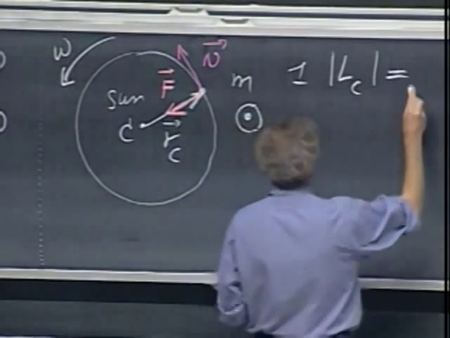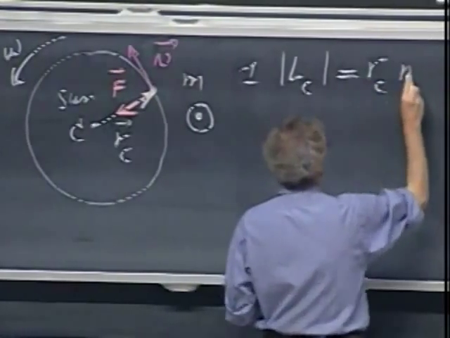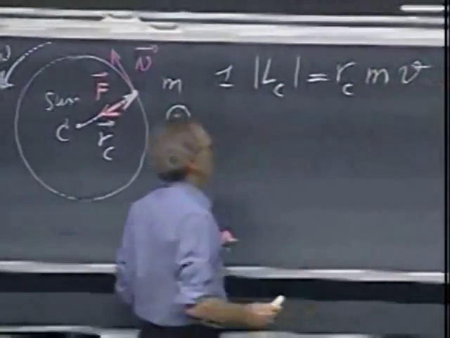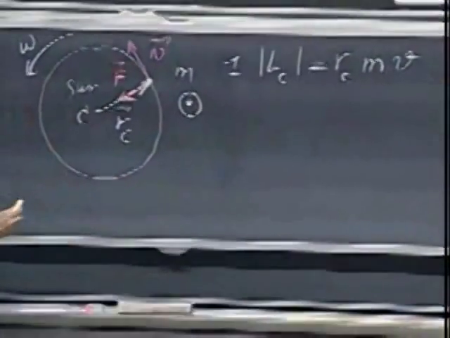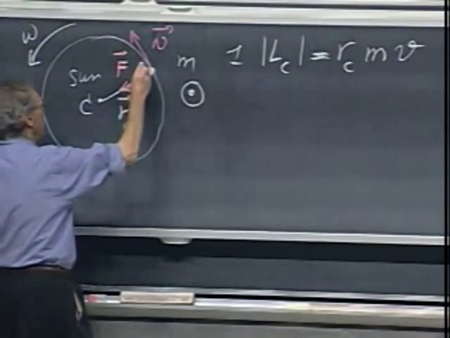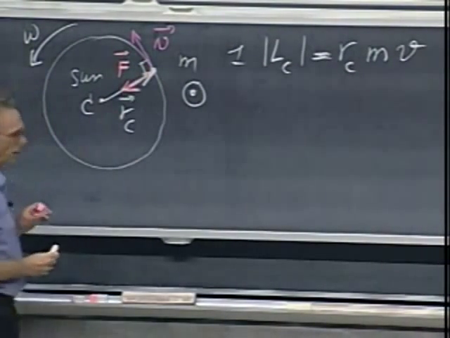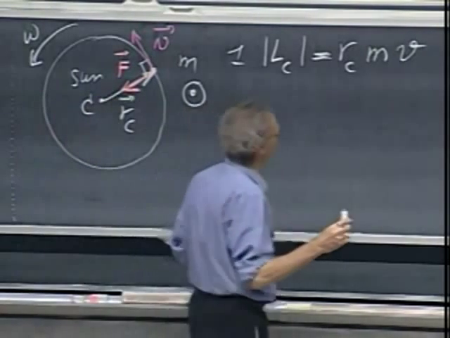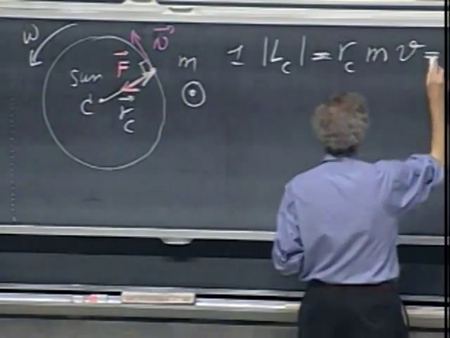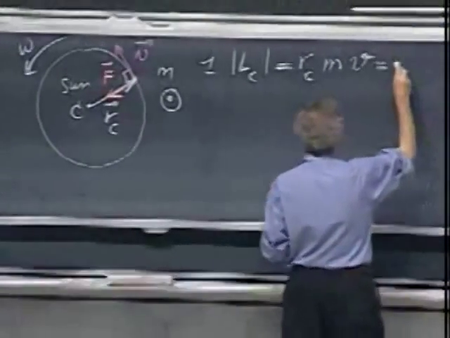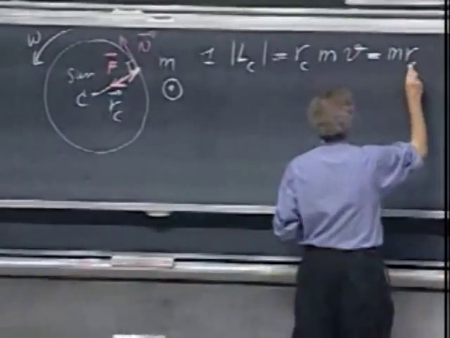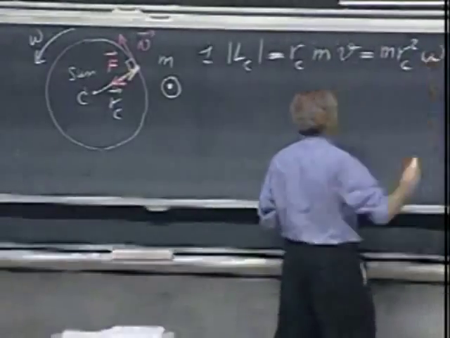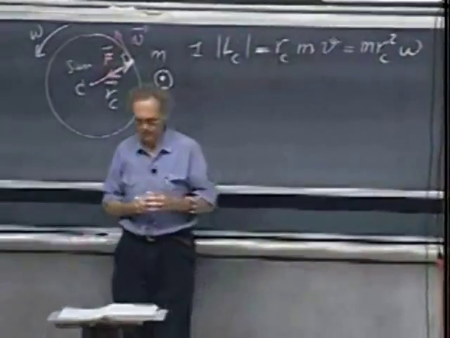That will be r of C times the mass times v. And the reason why I don't worry about the cross product now is because this angle is 90 degrees, so the sine of theta equals 1. Now, we may not like to leave v in there. It's up to you. You can always write v equals omega r, so you can also write then m r_c squared times omega. Either one is fine.